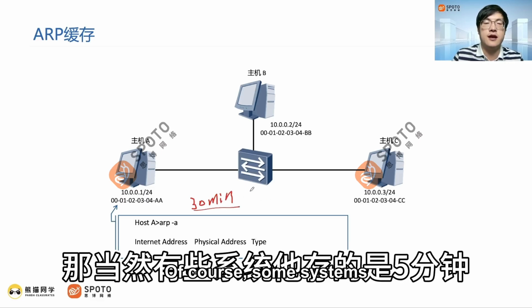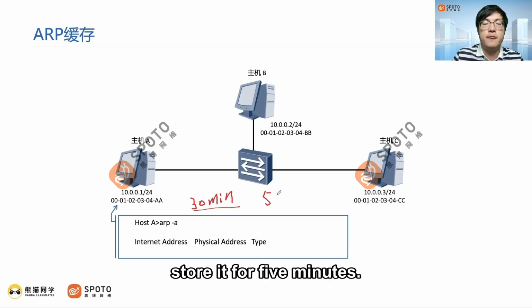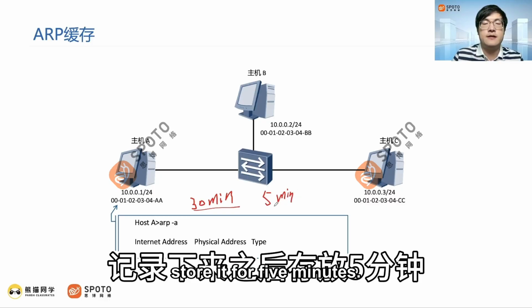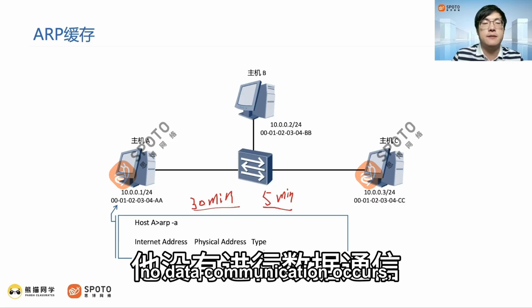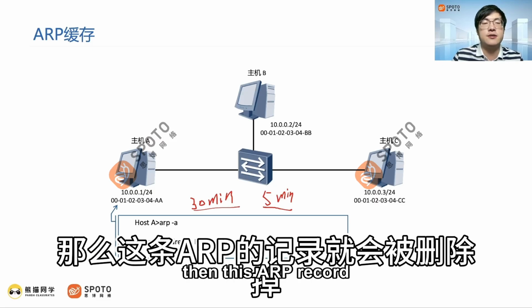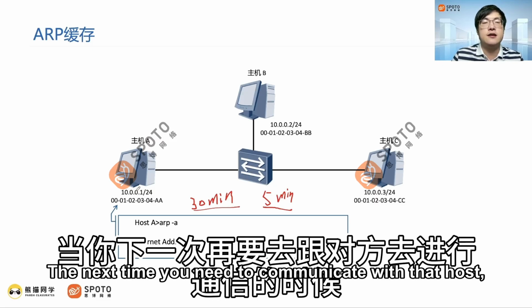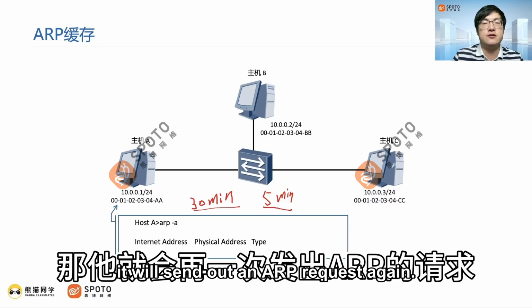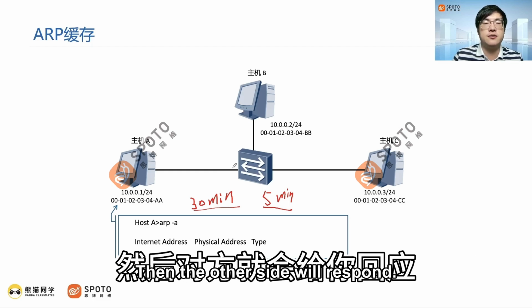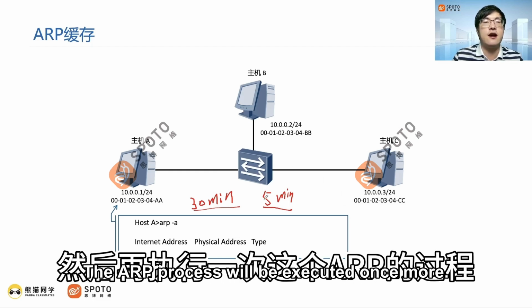Of course, some systems store it for 5 minutes. After recording it, it is stored for 5 minutes. If, within 5 minutes, no data communication occurs, then this ARP record will be deleted. The next time you need to communicate with that host, it will send out an ARP request again. Then the other side will respond. The ARP process will be executed once more.